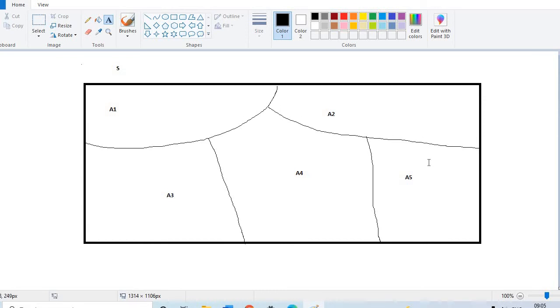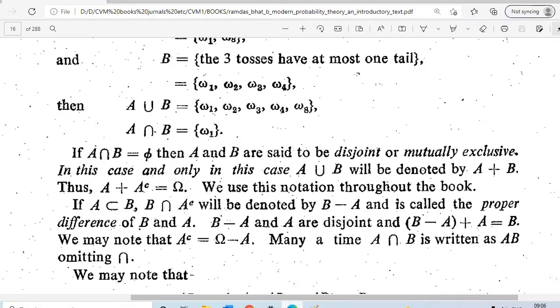There is no common element between any two or three sets. All are distinct. So these sets are called mutually exclusive, and this collection is mutually exclusive because if you pull all these elements in these sets together, you will get the whole sample space. So we call these subsets mutually exhaustive. Okay.